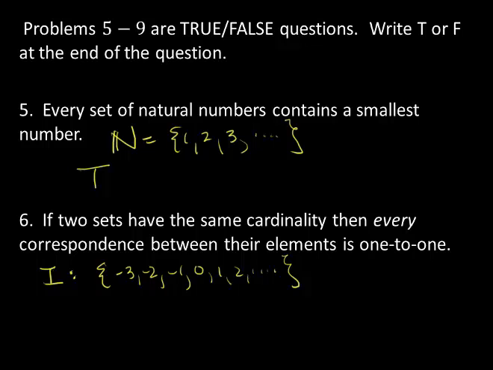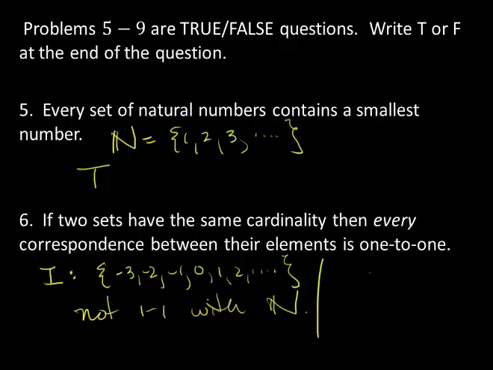So although this is a correspondence, not all integers are on that list. So this is not one-to-one with the natural numbers. There are many ways to make correspondences that are not one-to-one.